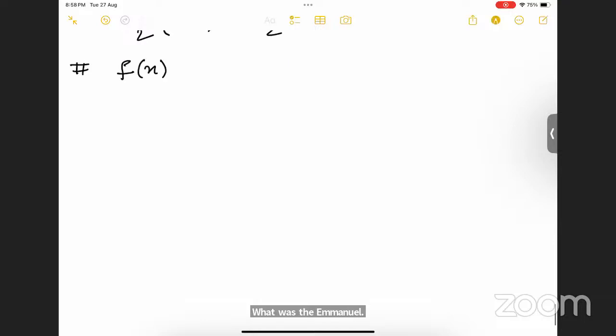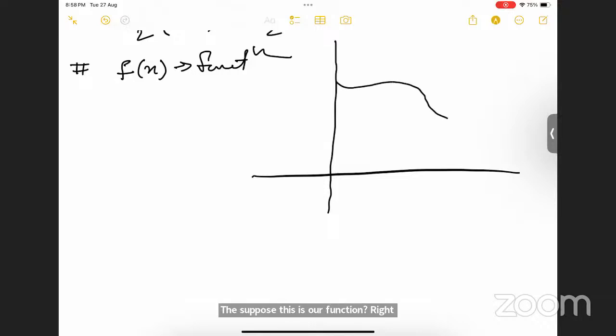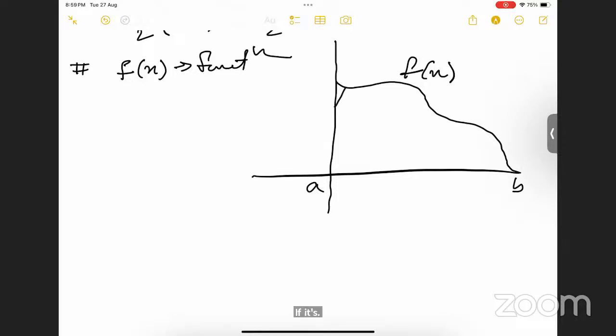So it is f(x), a function. Suppose this is our function, right? And we have to calculate the area bounded by the function f(x) over some interval a to b.